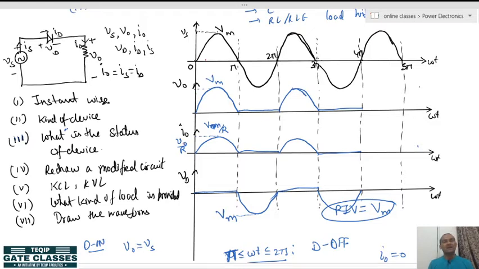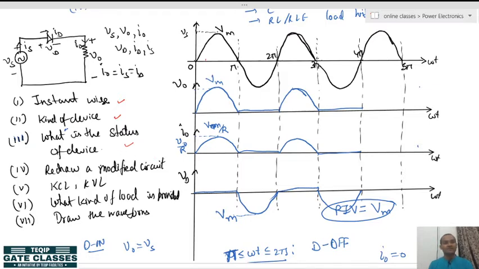Then we have to see what kind of devices are used at that particular instant. Then we see the status of the device, whether it is forward biased, reverse biased, in forward blocking mode or in forward conduction mode. It is true for all kinds of devices, whether the circuit contains uncontrolled or controlled devices.